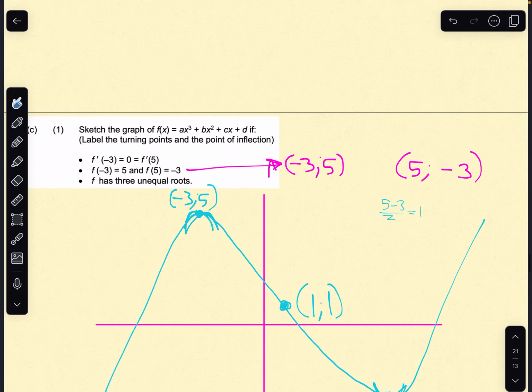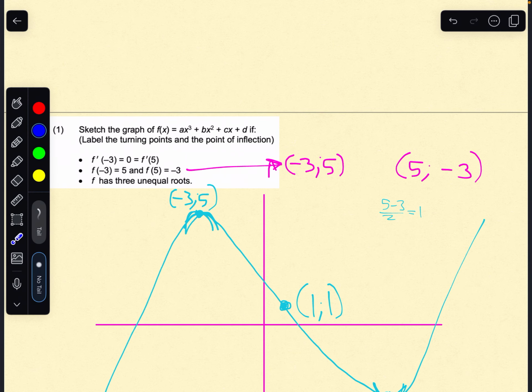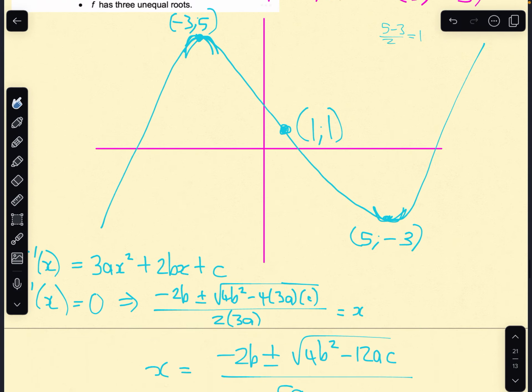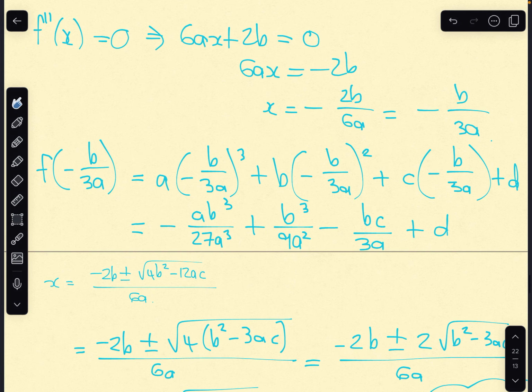But for the most part, let's just say if a, b, c, and d are well behaved, then what we have shown is that the point of inflection has an x coordinate that is the average of the turning points' x coordinates, and the y coordinate is also the average of the turning points' y coordinates.